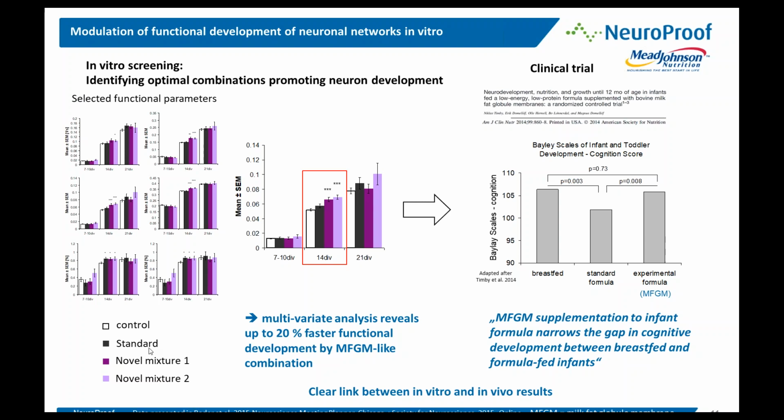Interestingly, this in vitro assessment showed that we had about 20% faster maturation with this compound mixture, which was then also introduced in vivo in a clinical trial. This showed also the benefit of this mixture because we have this cognition enhancement in these infants. This is a nice correlation, in our opinion, to show the link between in vitro and in vivo results.